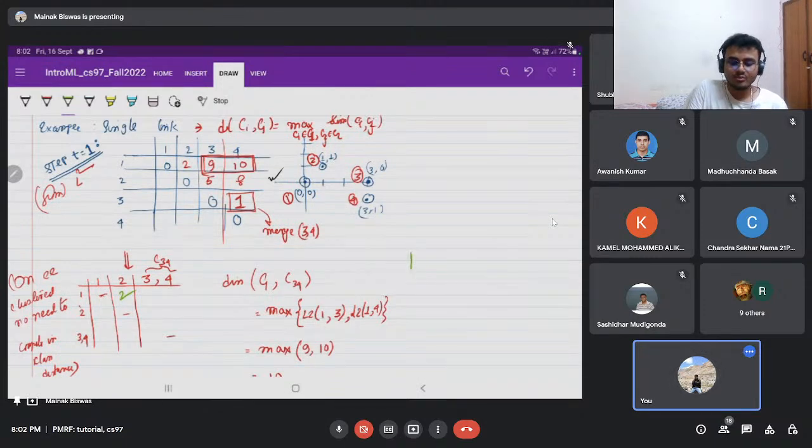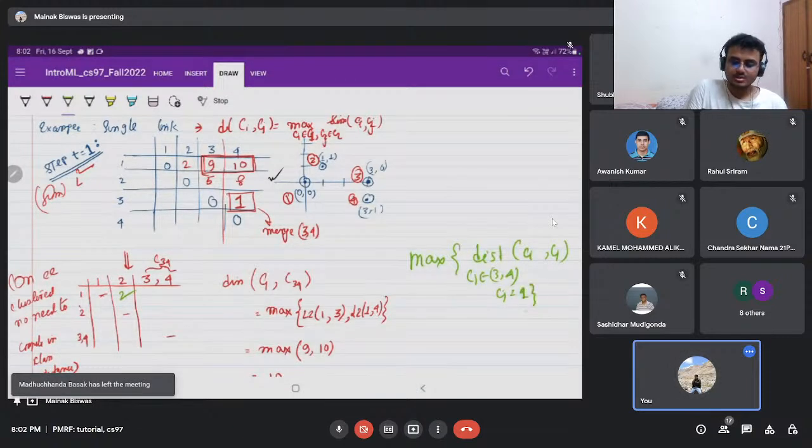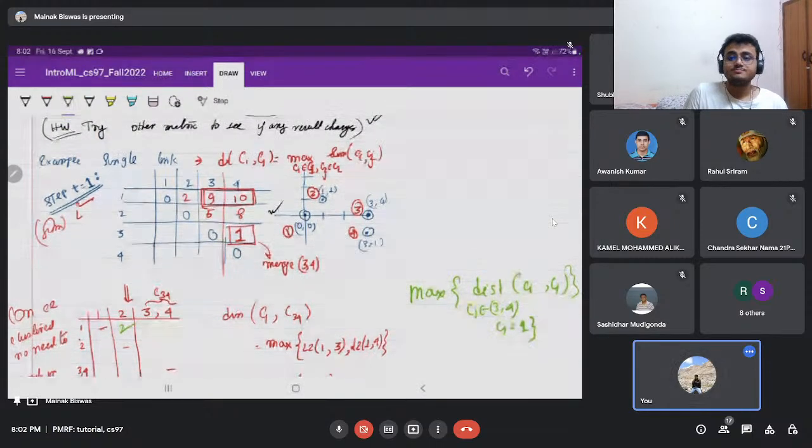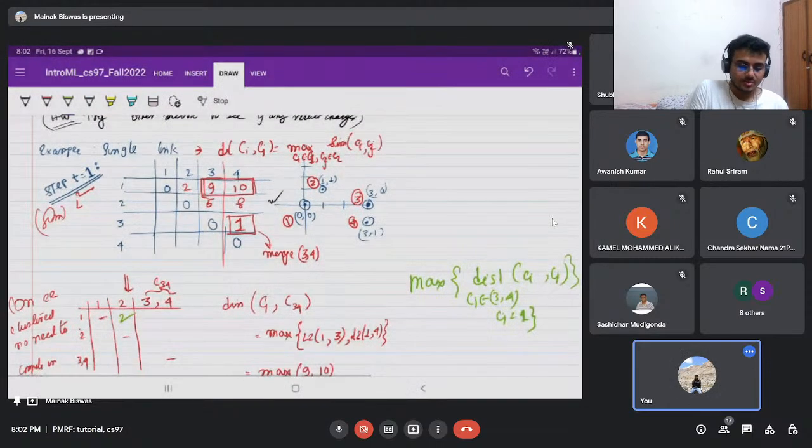This is the minimum of, or the maximum of, the distances between Ci and Cj, such that Ci belongs to 3, 4, and Cj belongs to 1. Can anyone tell me what the distance is? The distance between 1 and 3, or I should write the similarity between 1 and 3, and the similarity between 1 and 4.